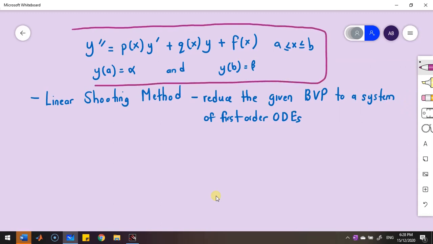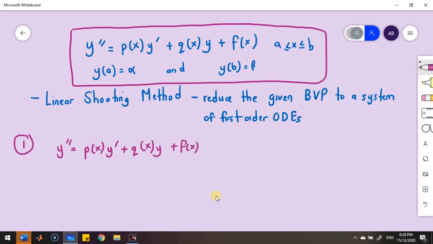To use the shooting method, first I'm going to consider the same problem, where x is continuous from a to b, but with initial values such as y(a) equals alpha and y'(a) equals 0.